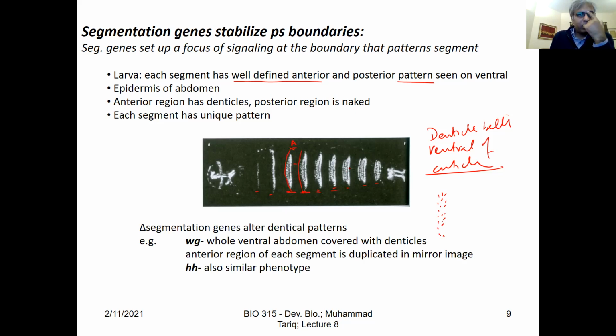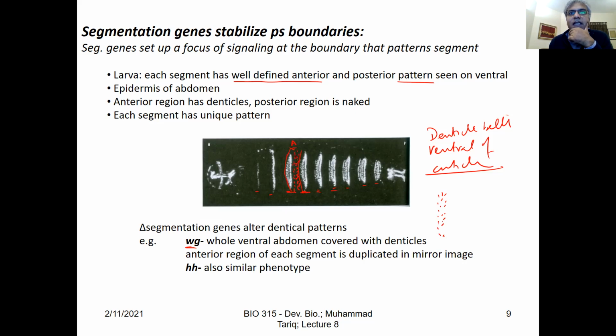If we have a mutation in wingless, which is a segmentation gene, we will see a denticle belt also here, where normally it is naked, without any denticle belt.